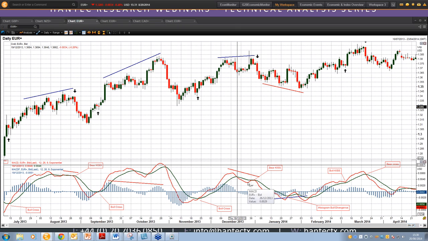You then start to see the MACD line come up, but it never gets above that signal line, and then starts to accelerate back lower again. Now, I don't know whether there is actually a term for this, but I call that a MACD kiss, where it basically kisses the signal line and then moves away again.